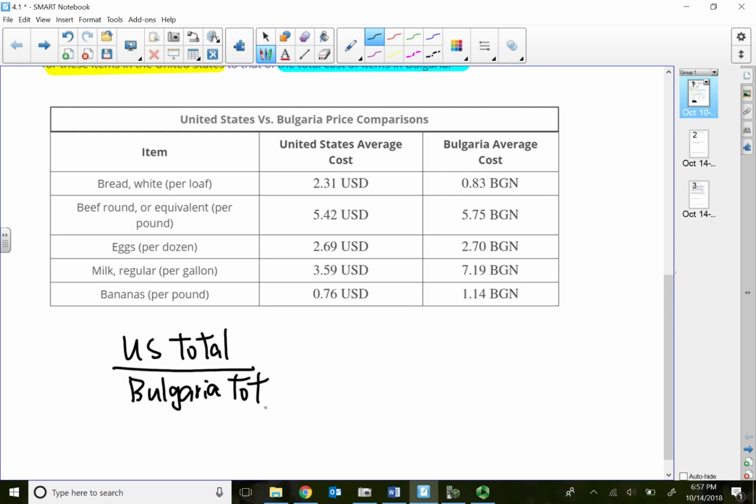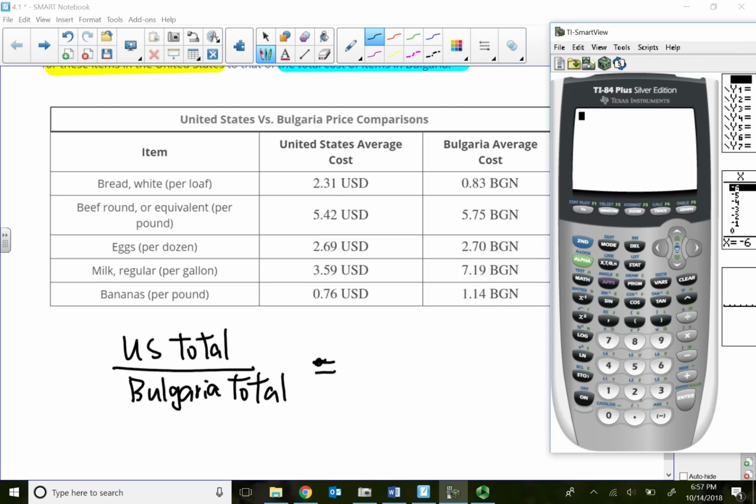Let's add it up real quick and see what the total cost for these items is. $2.31 plus $5.42 plus $2.69 plus $3.59, make sure I don't type it wrong, plus 0.76.